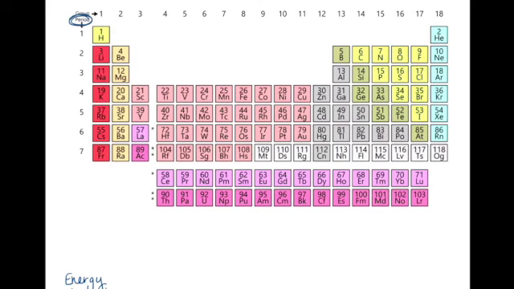The light pink is supposed to fit here in the 6th period, and the darker pink is supposed to fit here in the 7th period. So those are the different energy levels that we have. If we write out the energy levels, not all of the orbitals are actually available in each energy level. We're going to break down the periodic table to show the breakdown for those.